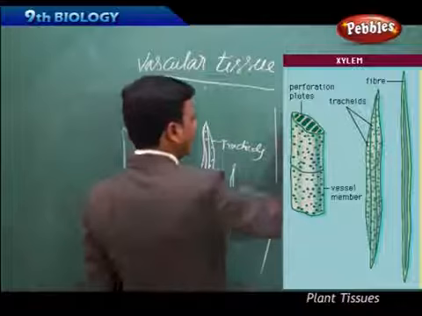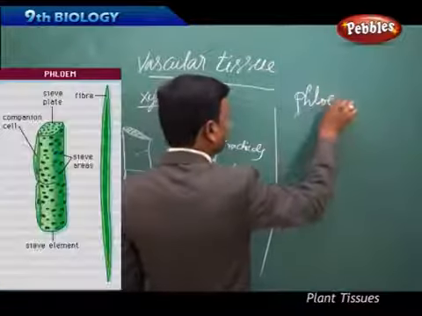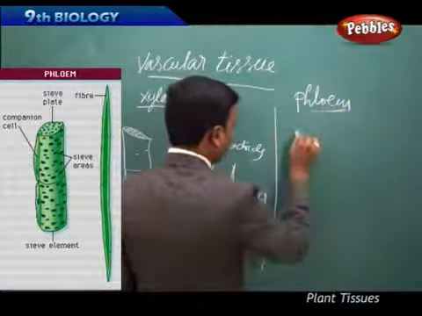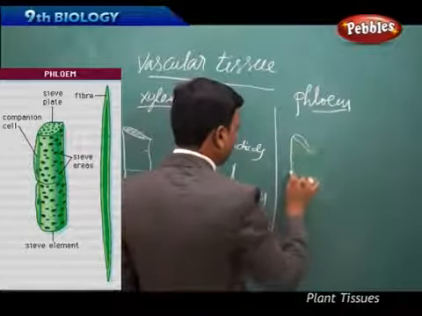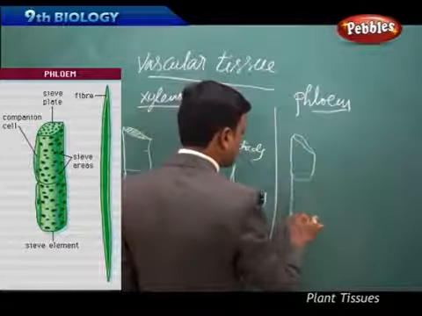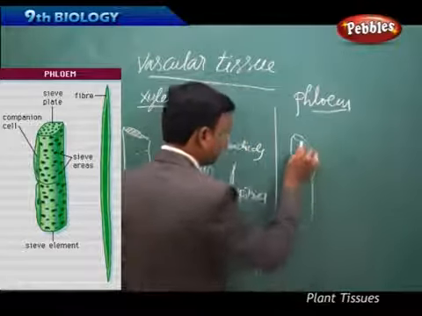In the same way, phloem also has companion cells. These are the companion cells.